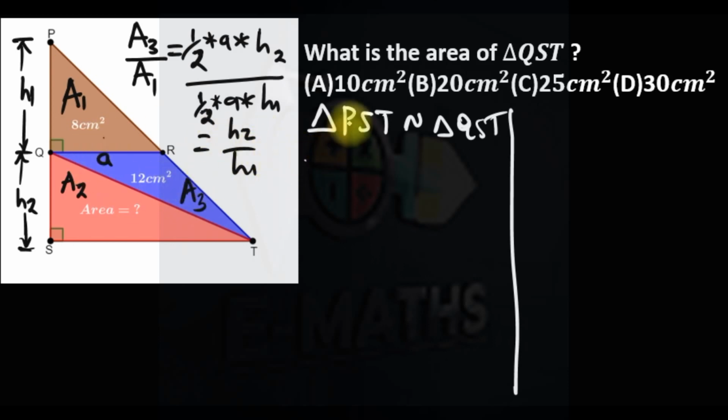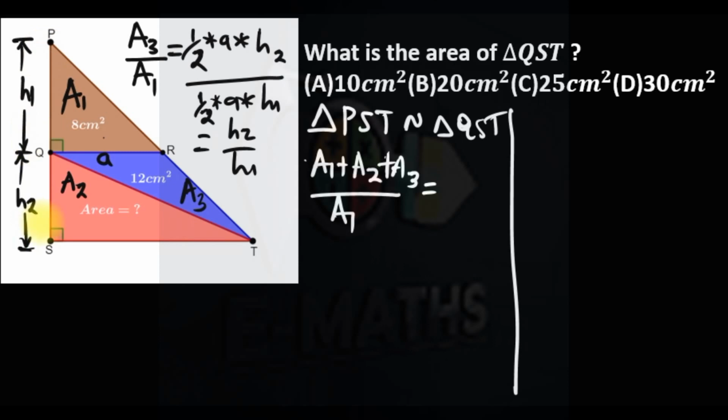Yes, so if I do triangle PST, the area is A1 plus A2 plus A3 over A1. I'm doing the ratio of this big triangle, area of this big one over that of the small one. You see that is the same as the ratio of the squares of the corresponding sides.